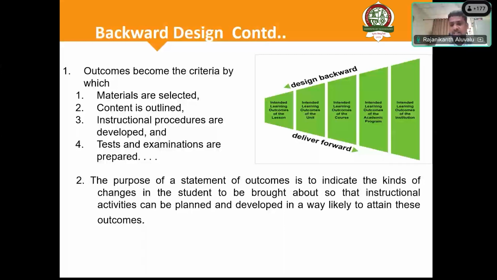So before you begin your course as a teacher, already the materials, the content, the instructional procedures, the assessments, and the attainment threshold all should be in place. This is what exactly a true implementation of outcome-based education is.